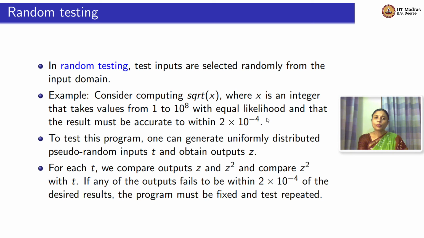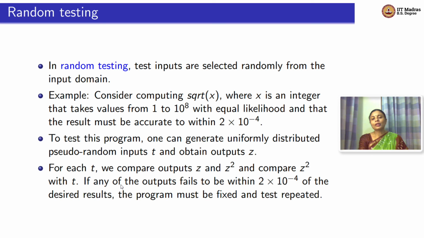How will you test this program? Random testing is very useful for this. You can generate uniformly distributed pseudo-random inputs and obtain outputs. For each such generated random input, let's say t, we take the output z and compute z squared, and then compare z squared with t. z is supposed to be the square root of t, so z squared you can compare with t.